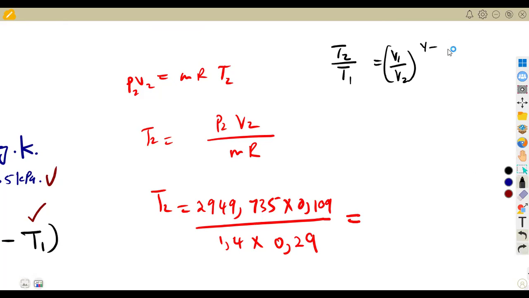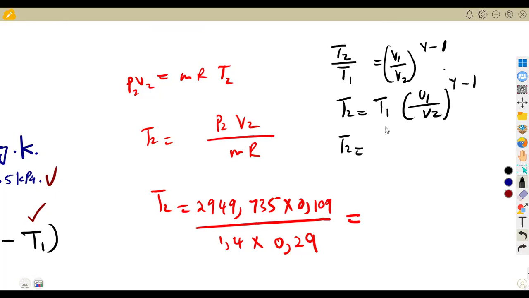We had that under a polytropic, which is also equal to P2 over P1 to the exponent of gamma minus 1 over gamma. So you can calculate T2 from there. If we cross multiply, T2 is going to be T1 times V1 over V2 to the exponent of gamma minus 1.